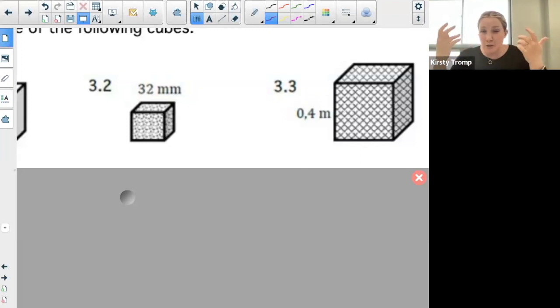If you've shown your working out all the way along, your teacher can still give you some marks. Whereas if you've just put the answer down, your teacher can't give you any marks. It's really important that you put the formula in, that you put in the substitution, and then you put your answer.